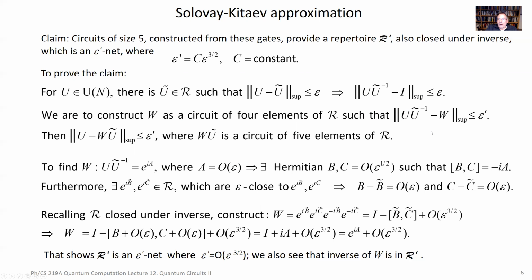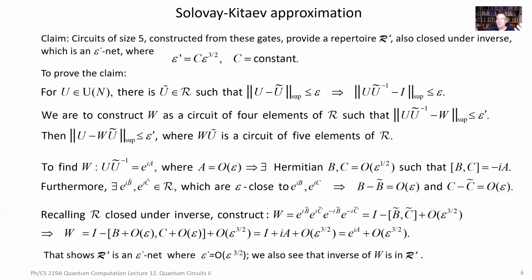Now, this is already close to the identity and deviates from the identity by only epsilon. So the W that I'm looking for is also small, and I'm going to take advantage of the smallness of W and of U tilde inverse to do an expansion in that small number epsilon when I consider the unitary.